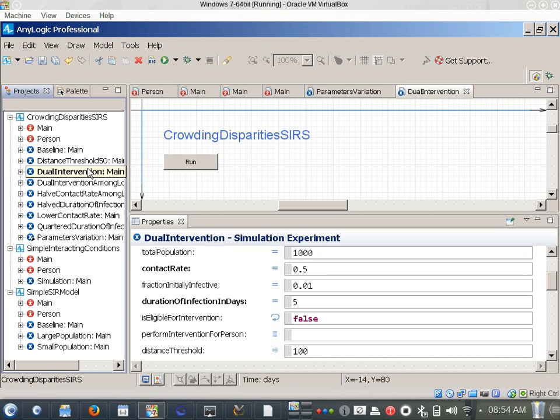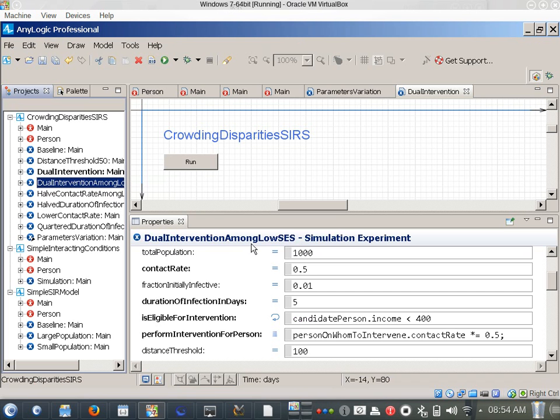Great. So I just challenged you to conduct a dual intervention amongst the low-income population. How would you do that? Good. You have a candidate person, and you test if they're low income, right?